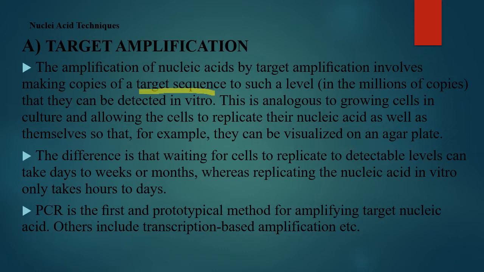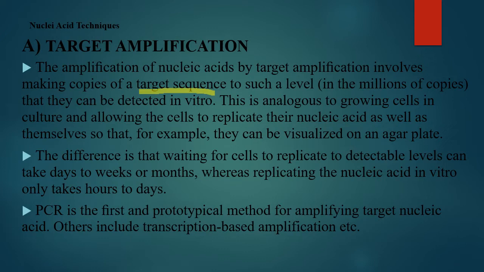Now, with target amplification, we have a particular target sequence that we would want to amplify or multiply. So the amplification of nucleic acids by target amplification involves making copies of a target sequence.